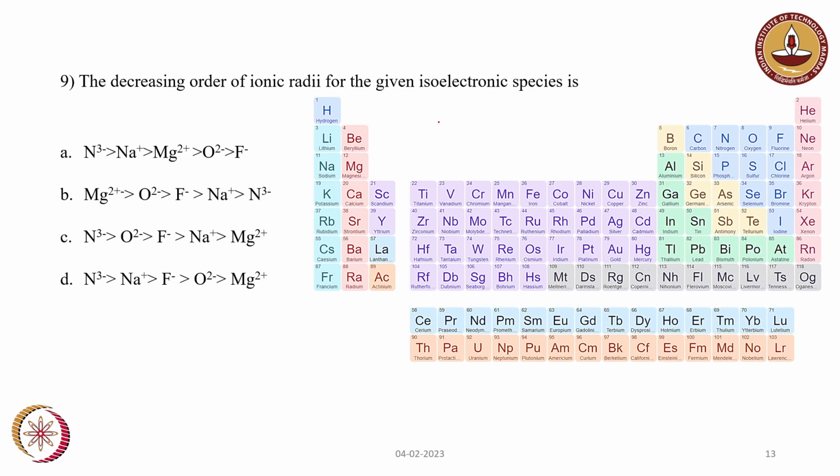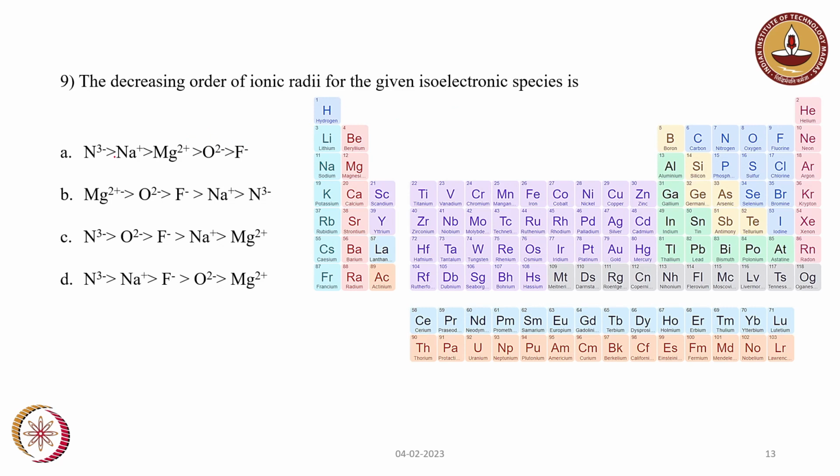And for cations, the effective nuclear charge will be really high, so the size of the species decreases. As the negative charge increases, the size will increase. If the positive charge increases, the size will reduce.